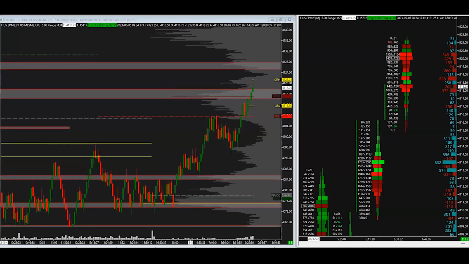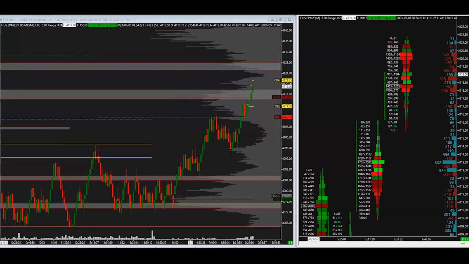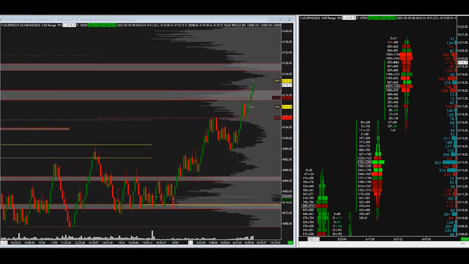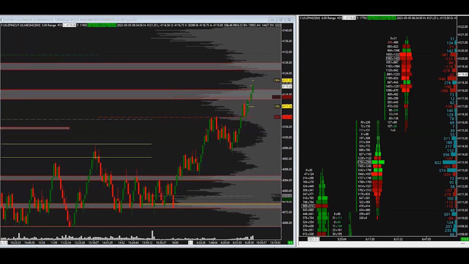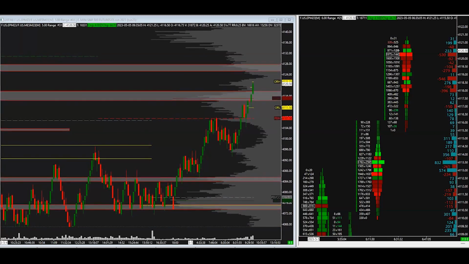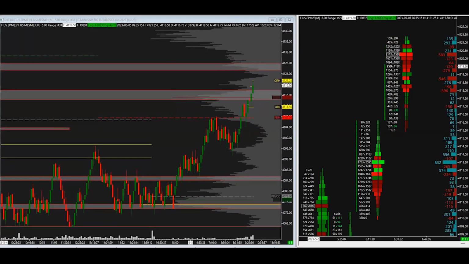They're throwing big contracts bid side, but it's a battle here. Ladder is still pretty bullish. Let's see.